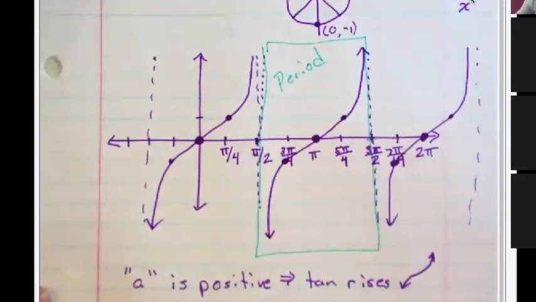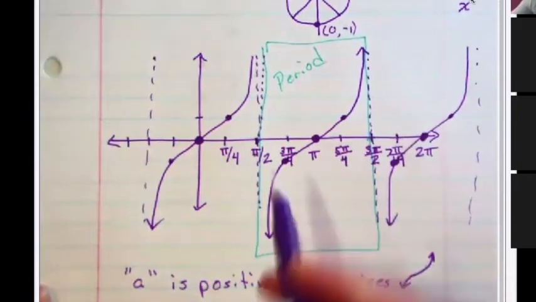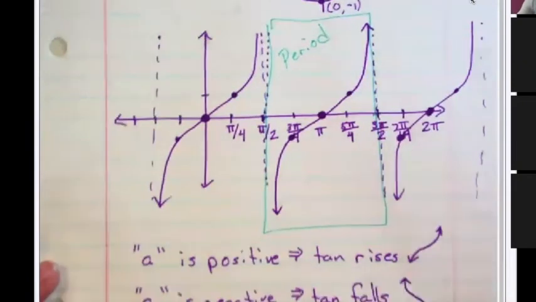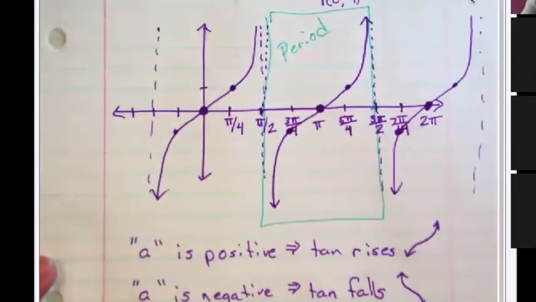So it just flips the direction. And our amplitude for tangent, notice how it goes up forever and down forever, so there's really no height here. The amplitude is undefined. So we don't have a value for our amplitude, not a defined value.